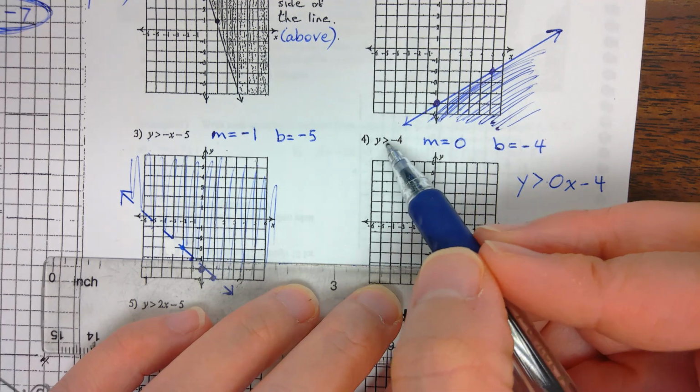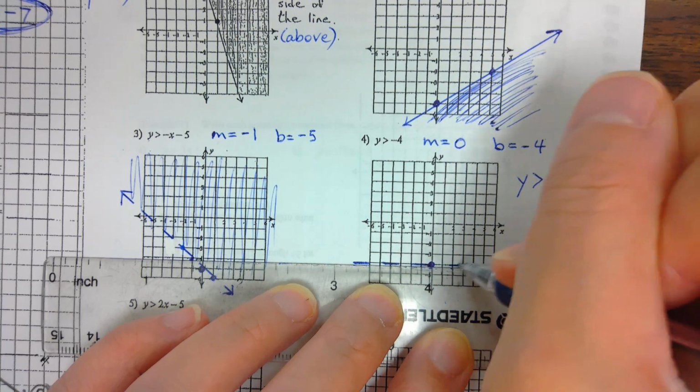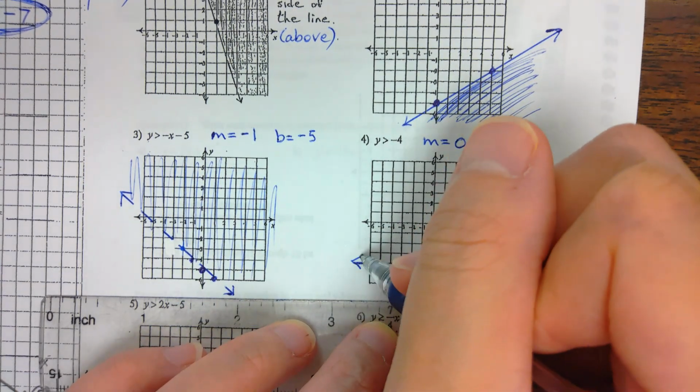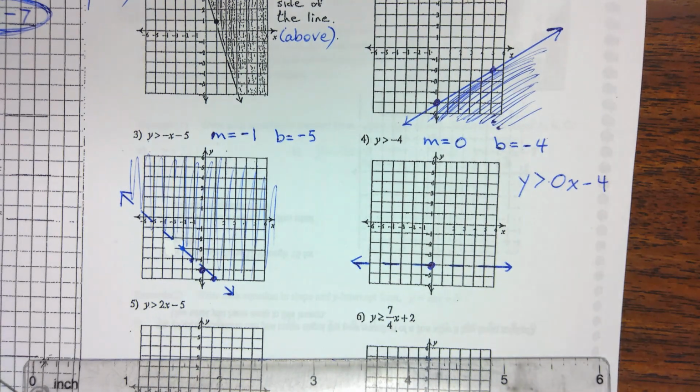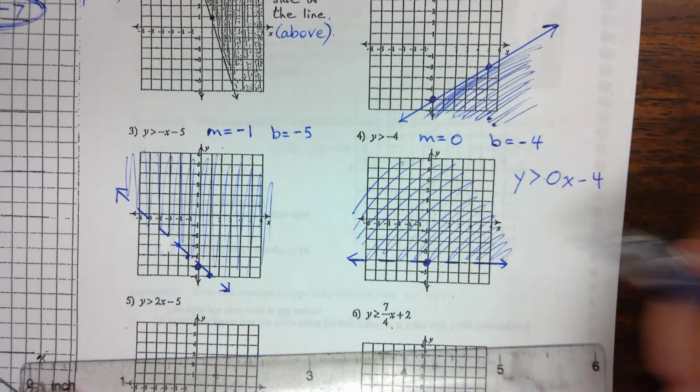Dotted, because it's only greater than. So a dotted horizontal line. And am I shading above or below? Those who say above. Those who say below. Good job. Above, because it's greater. So anything greater.